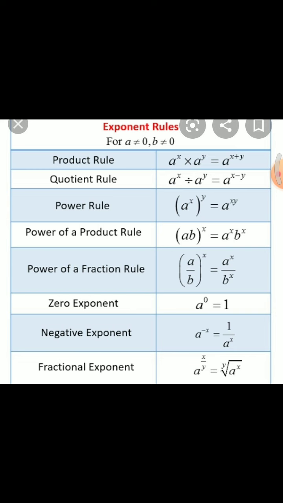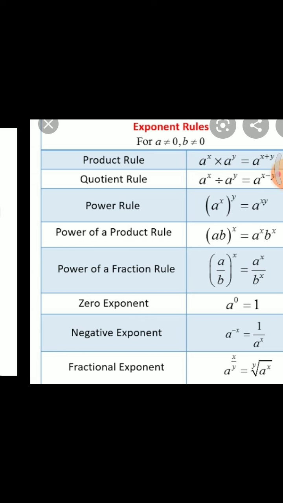Power of fraction rule, a by b power x equal to a power x by b power x. Zero exponent, a power 0 equal to 1. Negative exponent, a power minus x equal to 1 by a power x. Fractional exponent, a power x by y equal to the y-th root of a power x. Okay. So on the basis of this formula, I want to start our new chapter.